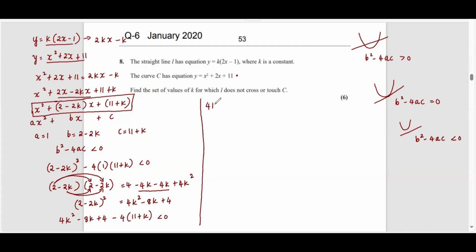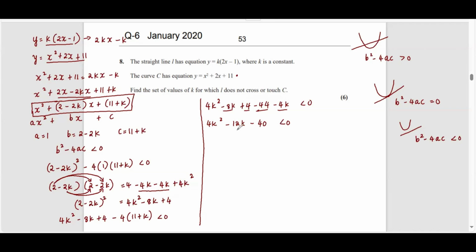Now 4k squared minus 8k plus 4 minus 4 into 11 is minus 44, and minus 4 into k is minus 4k, less than 0. I get 4k squared, minus 8k minus 4k gives minus 12k, and 4 minus 44 is minus 40, less than 0.